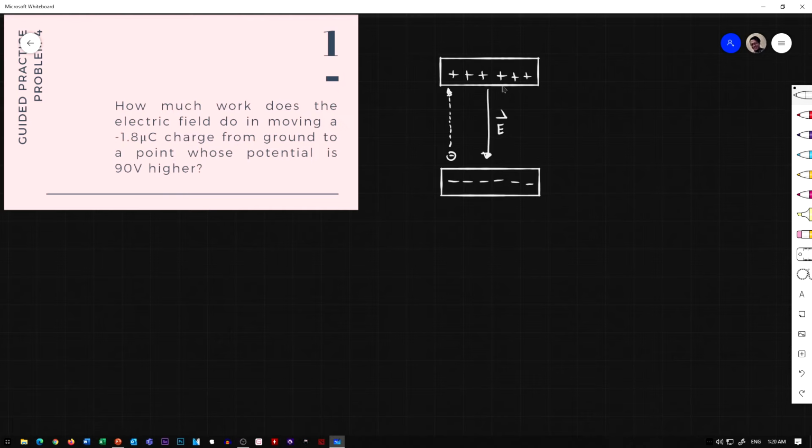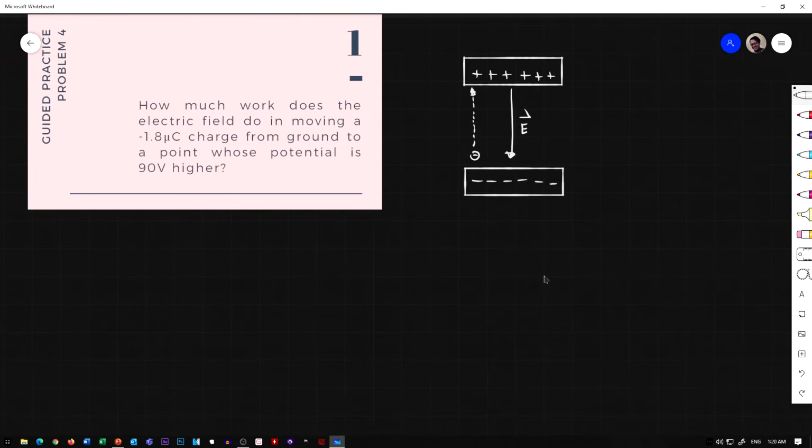Okay, so you can use the derivation, but I will start using the equality. So let's take a look again at the problem. It says it will be moving to a potential that is higher.